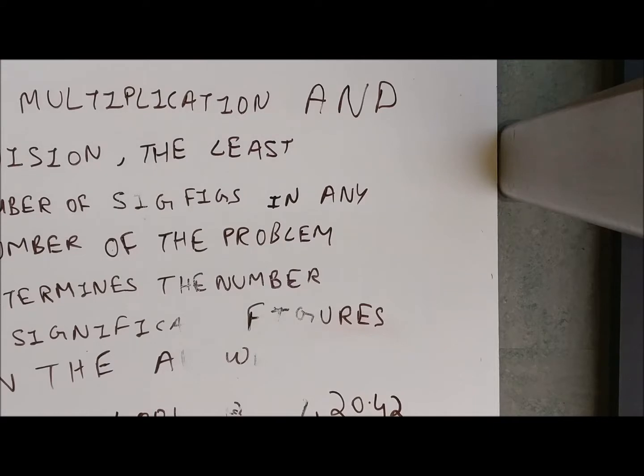So in this case, you choose the number which has the lesser number of sig figs, and that number of sig figs is going to be in the answer. 420 has two sig figs, so you're going to have two sig figs in the answer. When you multiply them together, you get 420.42, but then you have to limit the number to only two sig figs.